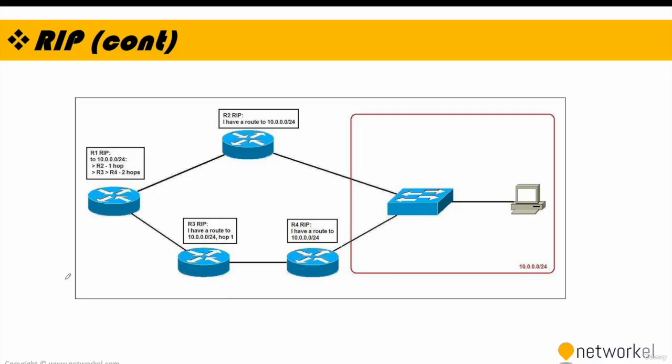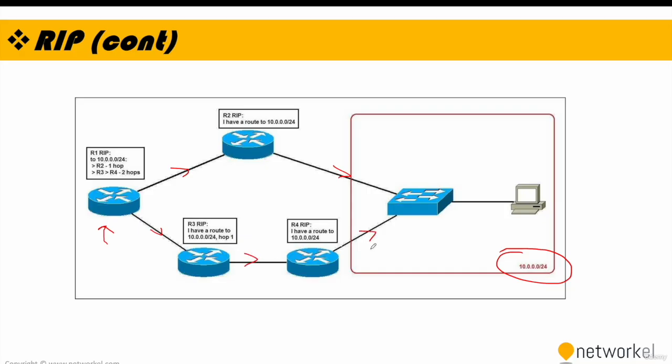So, for example, if you want to reach, let's say I have this network in here. You could see it is 10.0.0.24, right? So if you want to reach this network from this router 1, you have two different options, right? The packet can go from here, or it can go from here also.